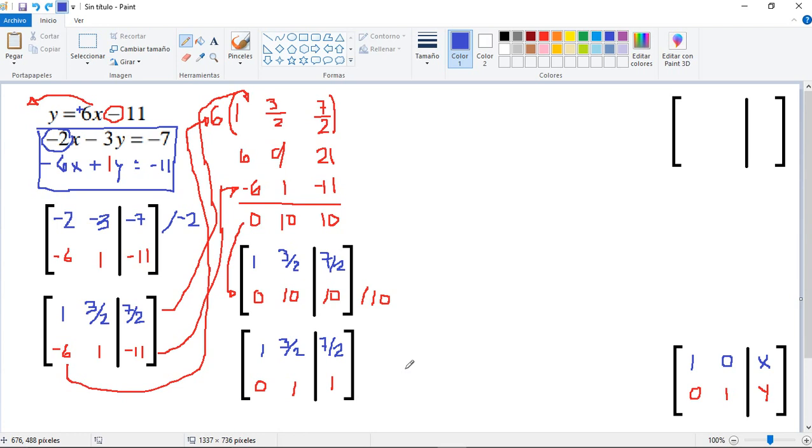Okay, so the final step is to convert these 3 halves into a 0. Okay, how are we going to do that? We need to do the same as we did here.